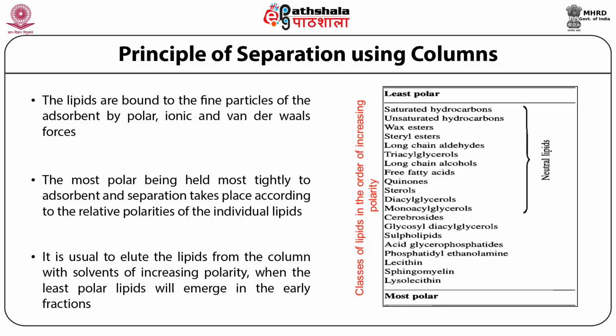The table that you see here lists compounds according to their polarity. You see that saturated hydrocarbons are least polar, while lysolecithin is most polar. So if you have to separate lysolecithin from saturated hydrocarbon in adsorption chromatography, and you're using solvents of increasing polarity to elute these two compounds, the least polar lipid will emerge in the early fraction because you're using a gradient solvent system with increasing polarity.